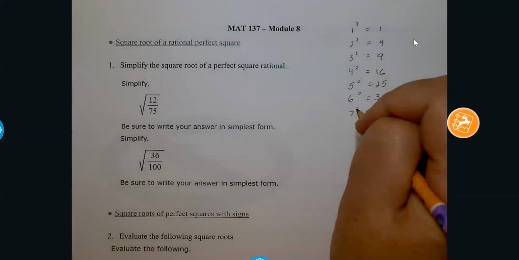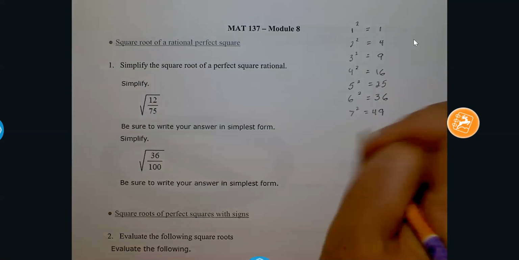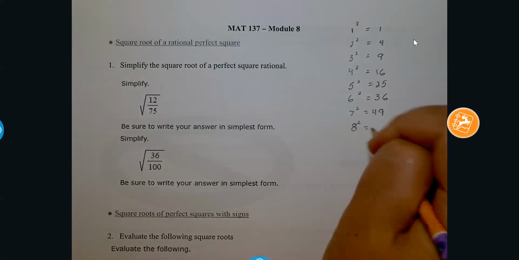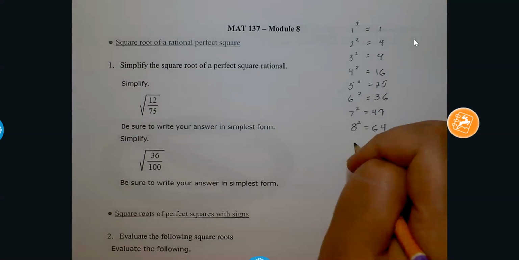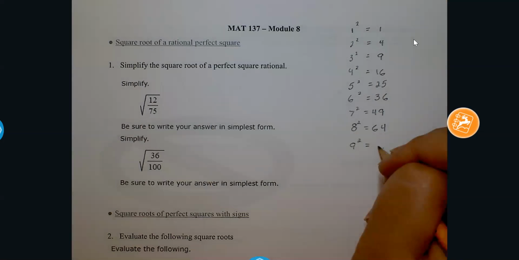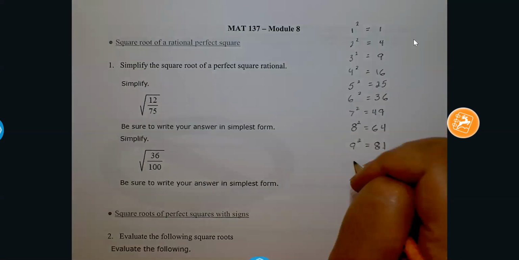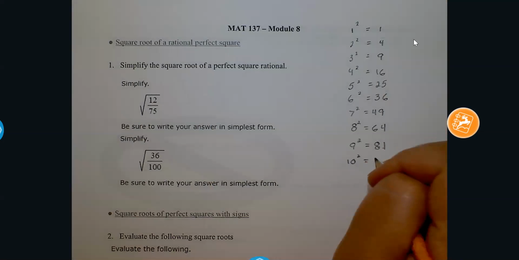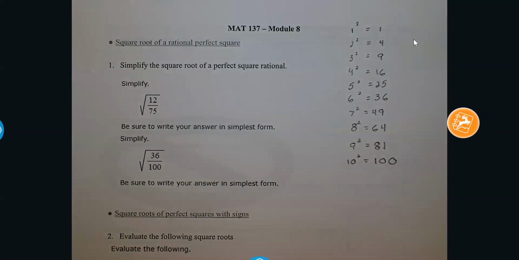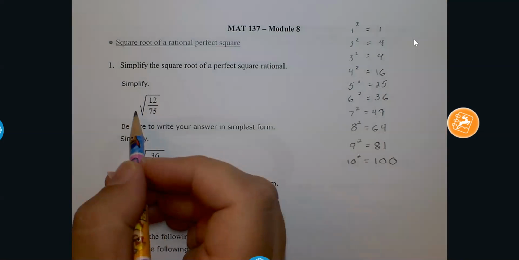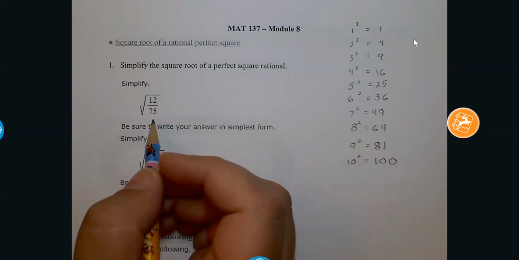Then 7 squared would be 49, 8 squared, 64, 9 squared, 81, 10 squared, 100, and we'll stop there, okay? So this first example where we have the square root of 12 over 75.